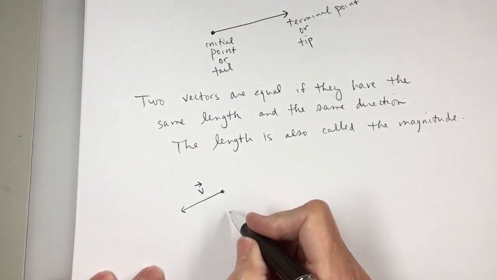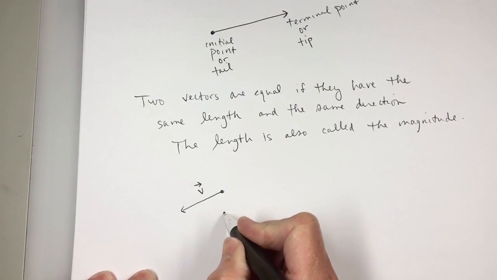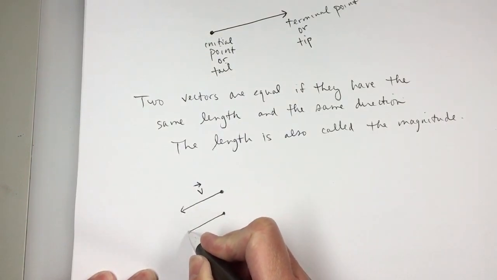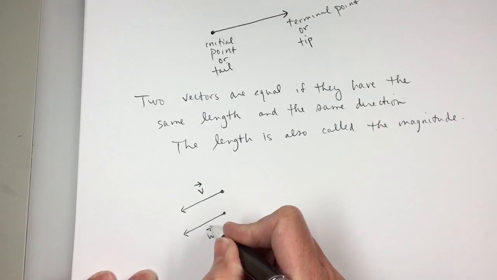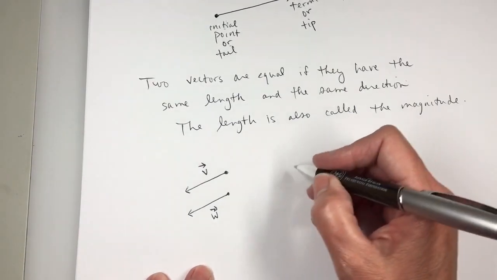Well, here I have vector V, and here is vector W, and I'm going to draw it as best I can. Same direction, same length. I called one V and I called one of them W, but if they're in the same direction and the same length, I can say that they're the same vector.